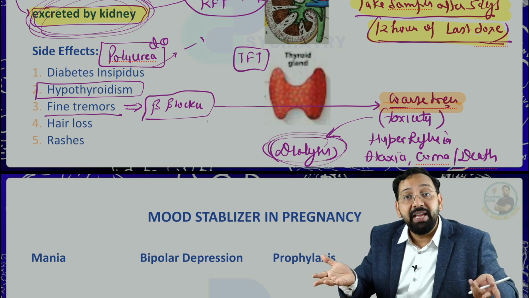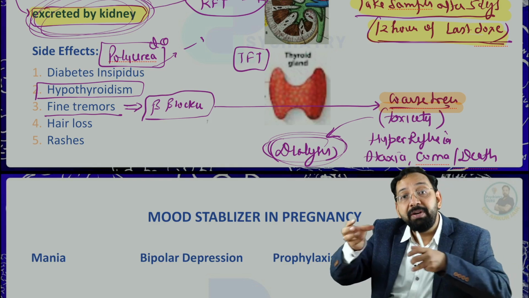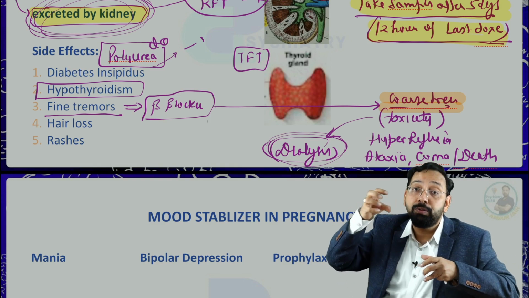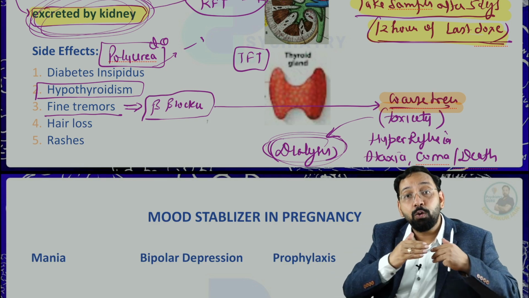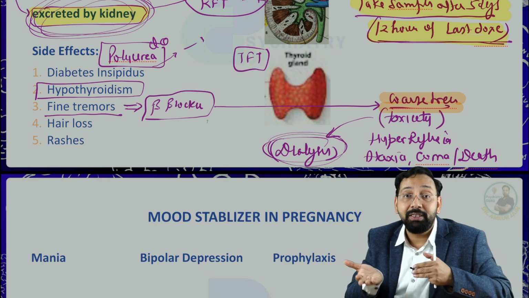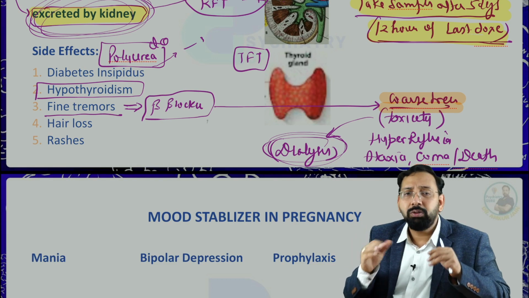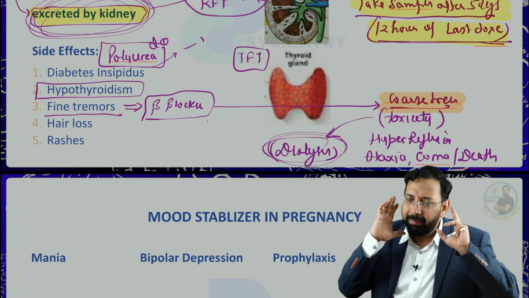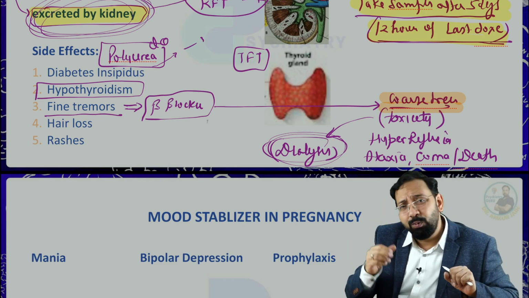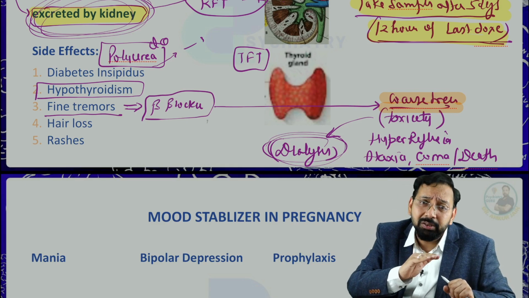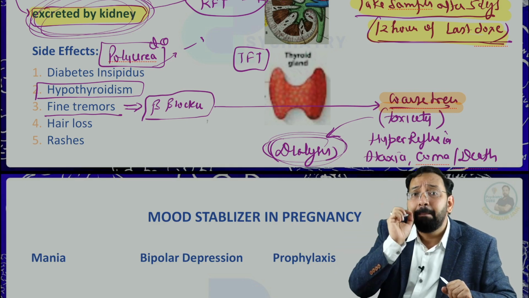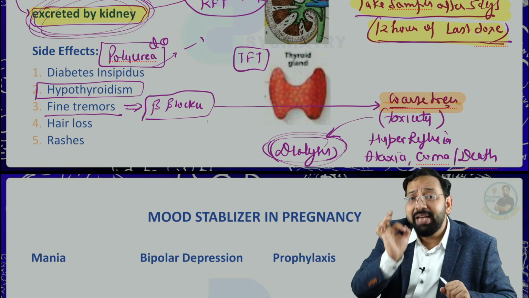They did not mention whether it was the early part or immediately before delivery, because immediately after childbirth there will be blood loss, and if you continue the same dose, definitely this will lead to toxicity. So this was not a good question, but you will remember the concept. Before delivery, we start tapering the lithium. In the last trimester, we usually increase, but the best answer should be that you will check the lithium level.